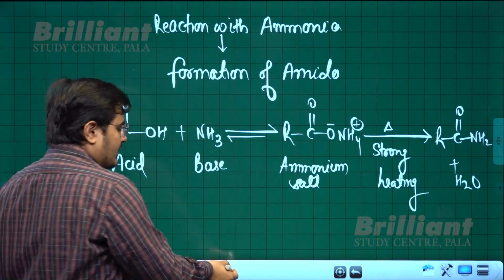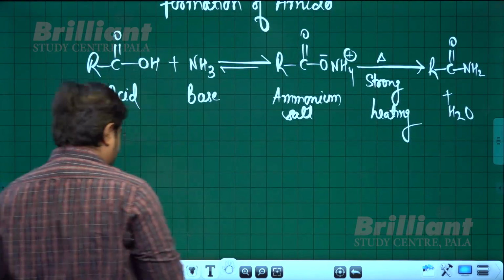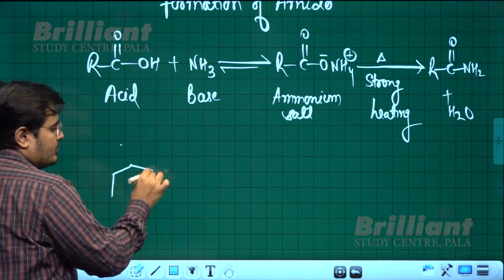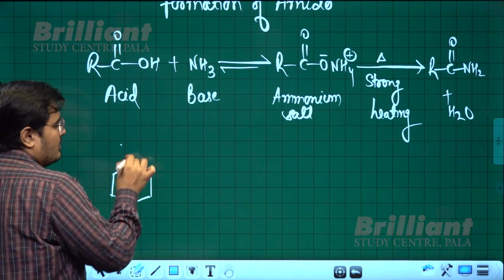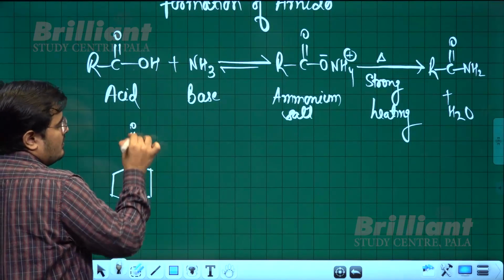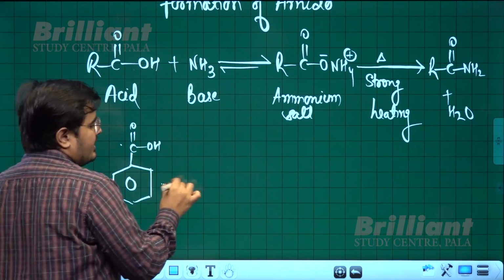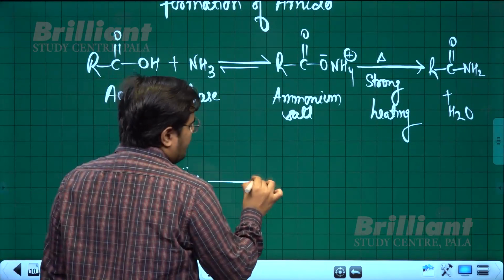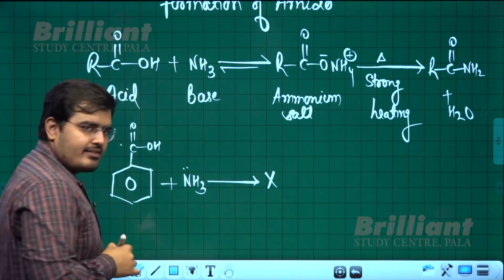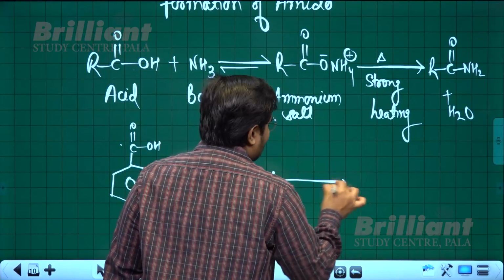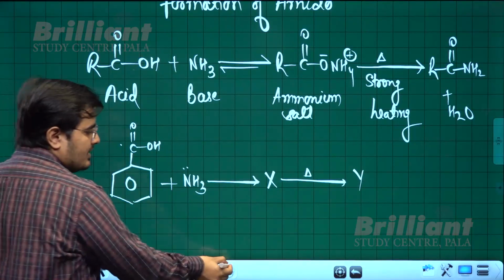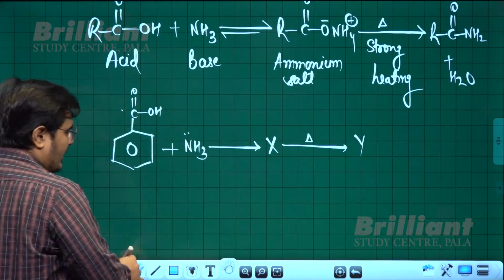So let's try to understand by an example. Let's say again we are taking benzoic acid. It's given that it was treated with ammonia and we get X, whereas X on heating gives Y. The question is to identify X and Y.